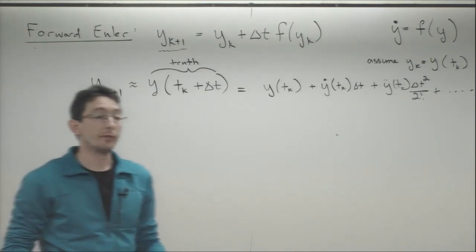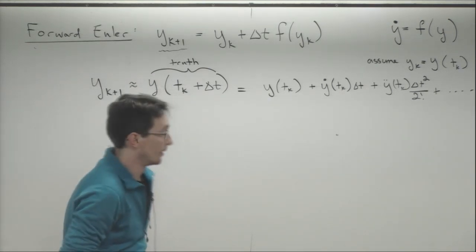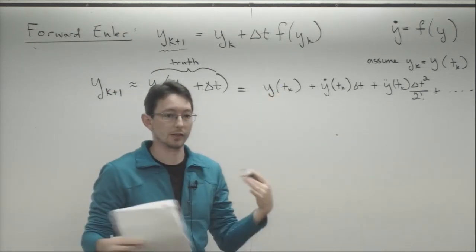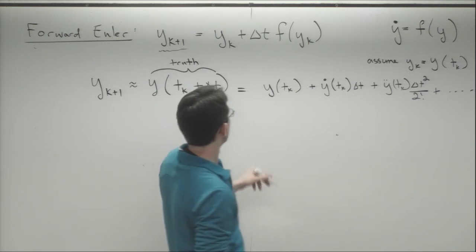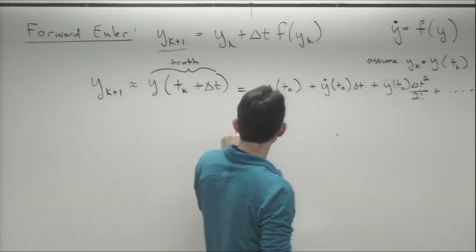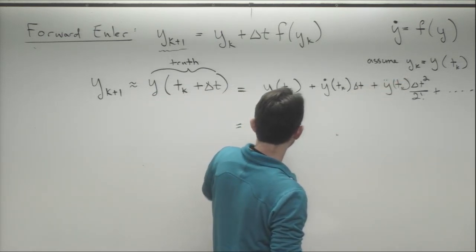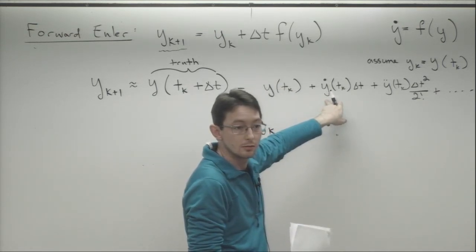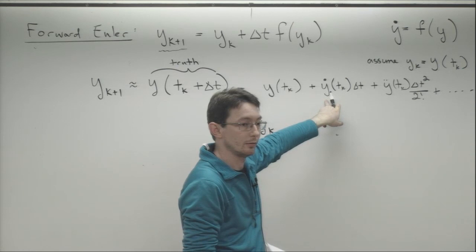Okay, so there's a few simplifications we can make right now that make our lives a little simpler. So first of all, y at time tk is just what I'm calling yk. Okay, what's y dot? F of y, right? That's my ODE.